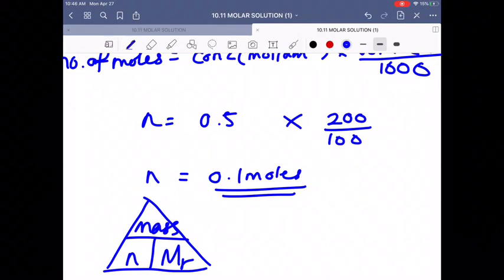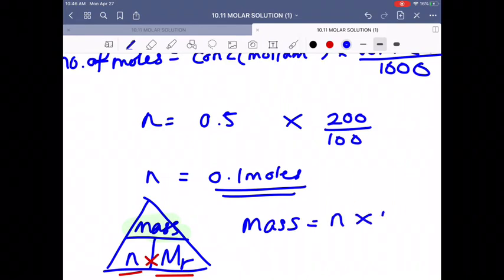So you want to find mass. So mass is equal to number of moles times mR. So let's use the formula. Mass is equal to number of moles times mR. Number of moles you have found from the previous working is 0.1, times mR for NaCl.